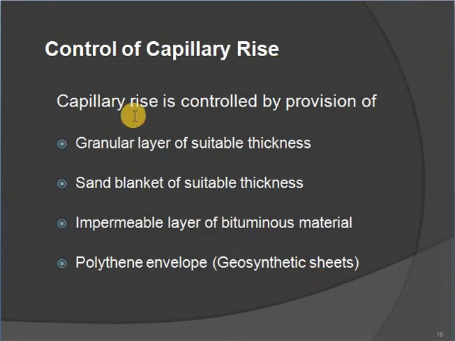Control of capillary rise is achieved by provision of a granular layer of suitable thickness. So next, a granular layer of suitable thickness, a sand blanket of suitable thickness, an impermeable layer of bituminous material, and polythene enveloped geosynthetic sheets. So these are used for the capillary rise.